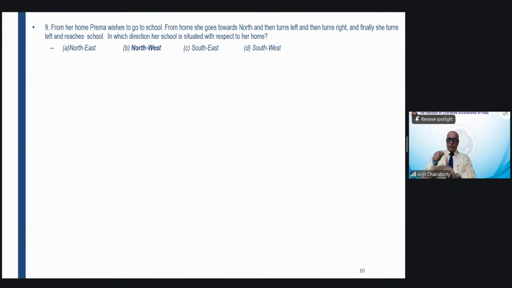So if I start from here, north, west, north, west. So you see the original point and the final point. From my side, the final destination is towards the upper part, western side, left side, upper part. Left side upper part means northwest.